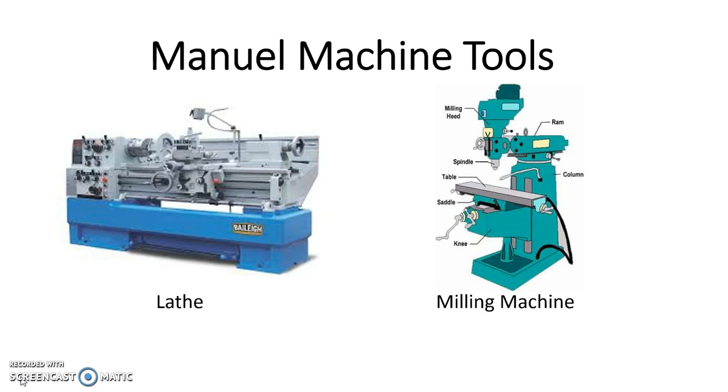Lathes operate by turning the work or part against a cutting tool to remove excess material to form the part. A mill works a little differently, as it rotates a cutting tool against a part to remove the excess material to form the part.